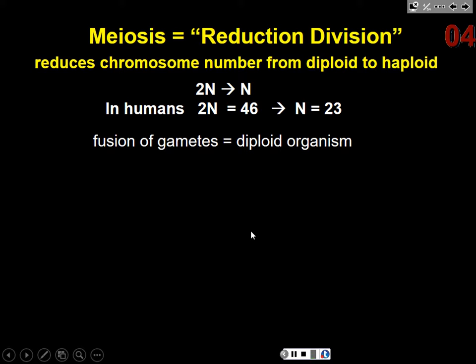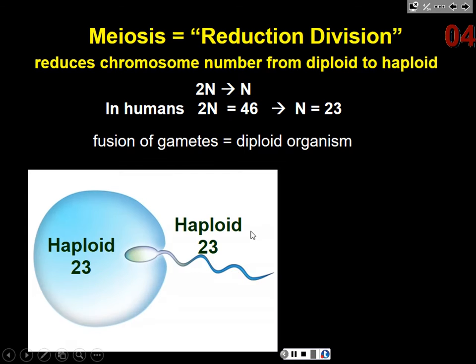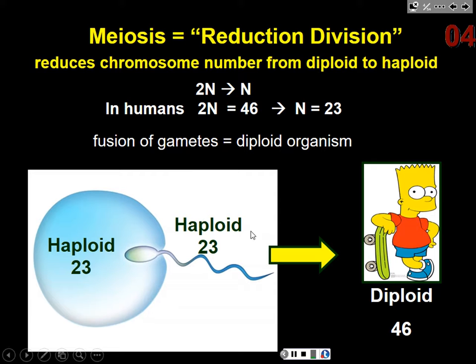Every gamete would be N, and then you get 2 nuclei fusing together, and you would have 2N. Okay, so now the egg would have 23, and the sperm would have 23, and you would have a normal number again. So you have to reduce that chromosome number by half, 1 of each kind that goes into the gametes. Okay?